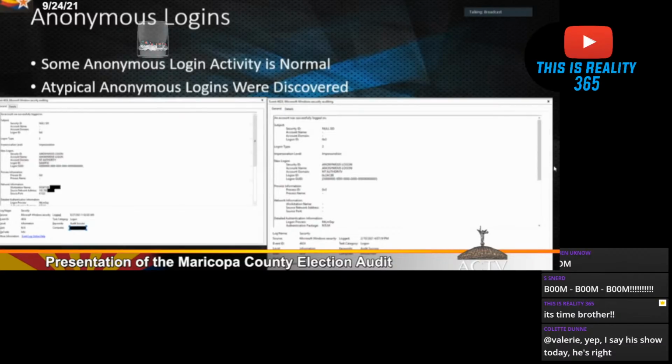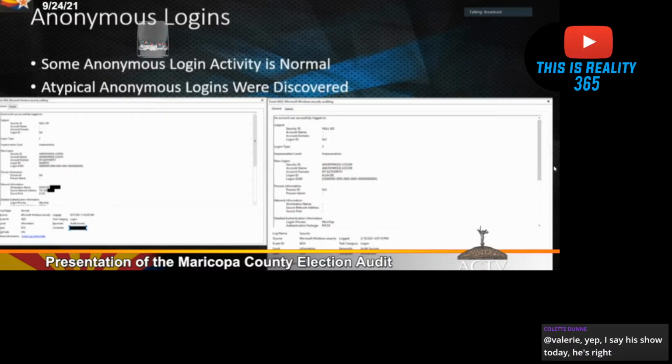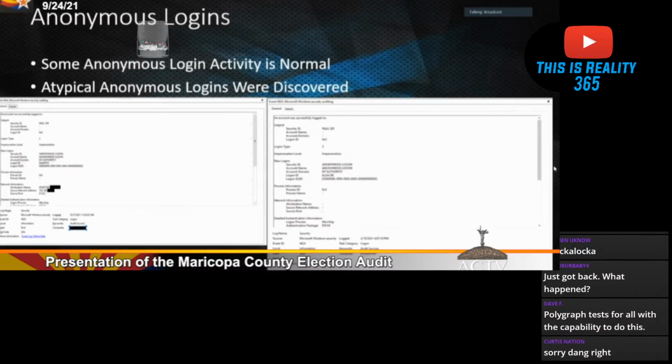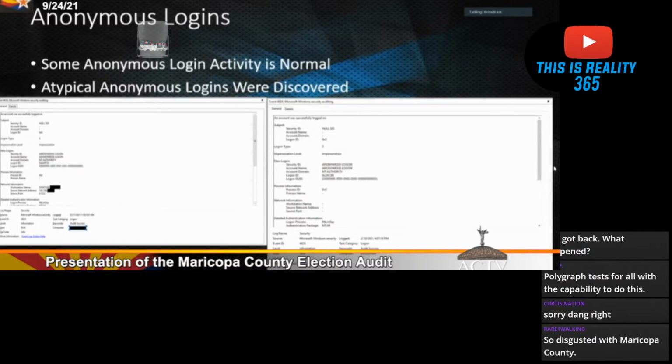You'll also notice that for the purposes of security, we have redacted specific elements to include the host name and the IP address and some of those types of things. But the fact of the matter is that those items are recorded as part of that normal anonymous log activity. You will have the host name that logged into it. You will have the IP address that originated the request.